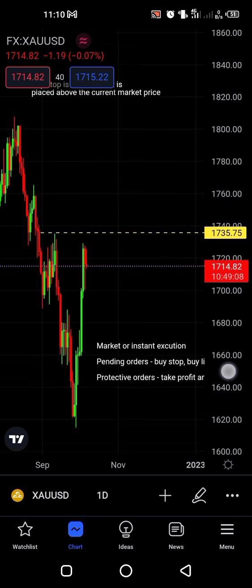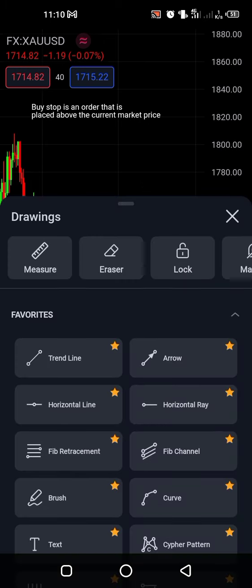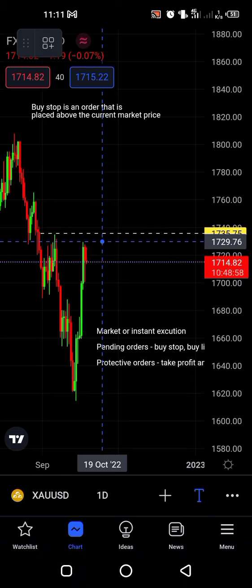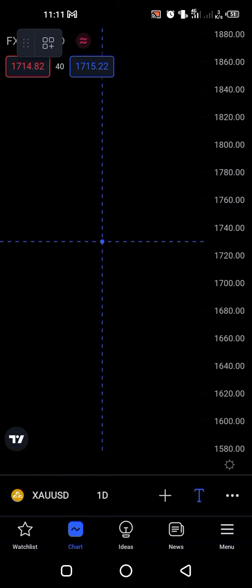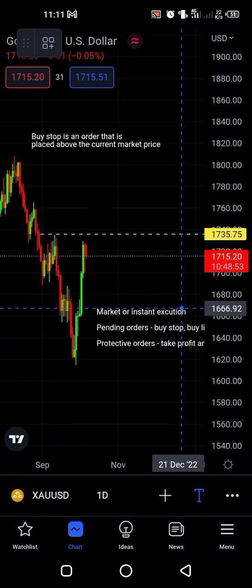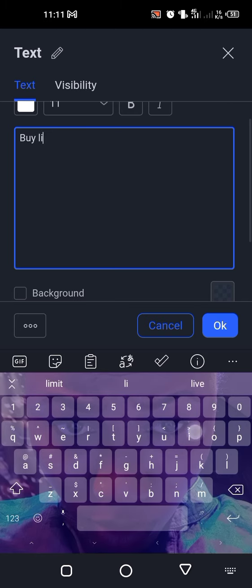Okay, we've talked about the buy stop. Let's talk about the buy limit. Your buy limit is an order that enables you to buy below market price.